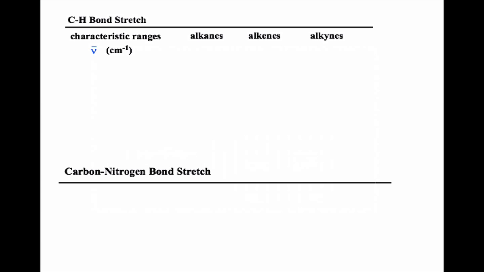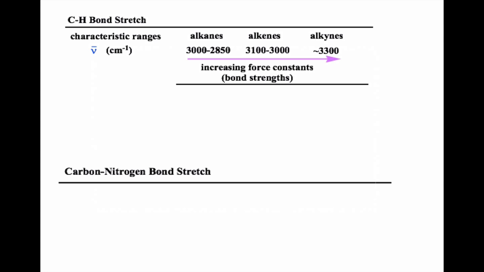let's look at some characteristic frequencies. So let's look at carbon-hydrogen bonds. Alkanes, alkenes, and alkynes. What can you tell me by looking at that? The force increases, right? That makes sense, right? Because a triple bond should be harder to stretch than a double bond.